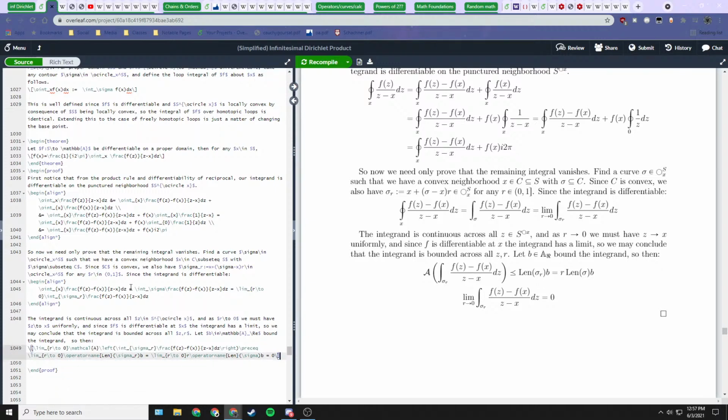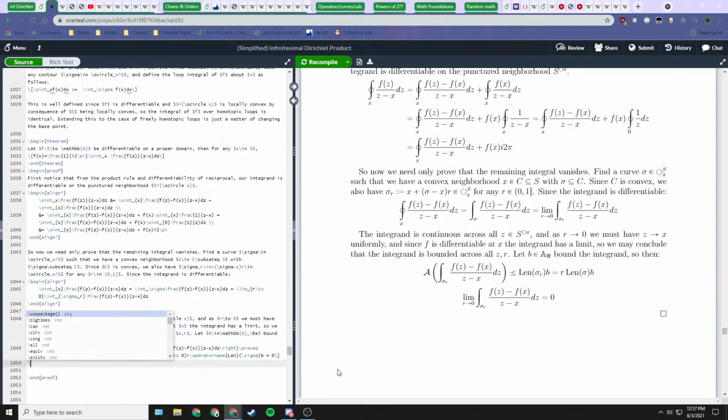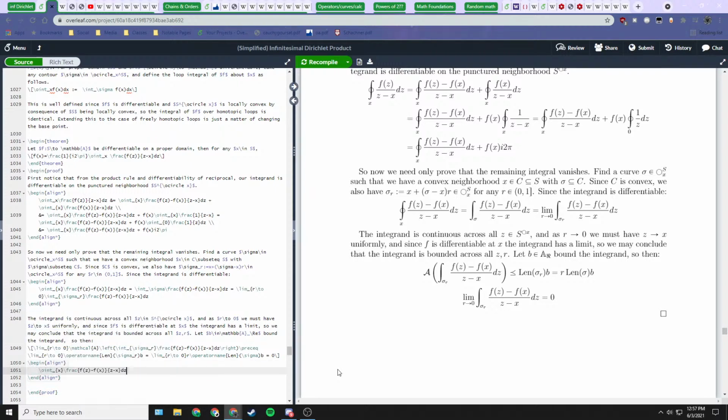And this implies that if you just take this whole integral, it's independent of r because we haven't put r there.